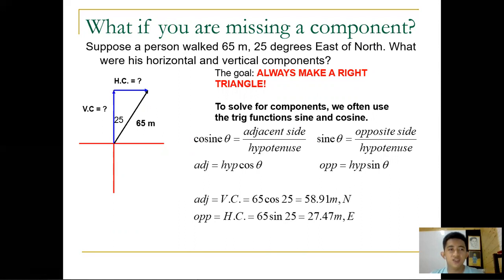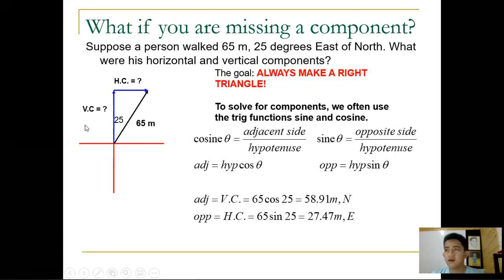Since this is our relative angle, our adjacent side becomes the vertical component, while our opposite side is our horizontal component. So to identify this, we use this equation. The adjacent side is equal to the hypotenuse multiplied by cosine theta.